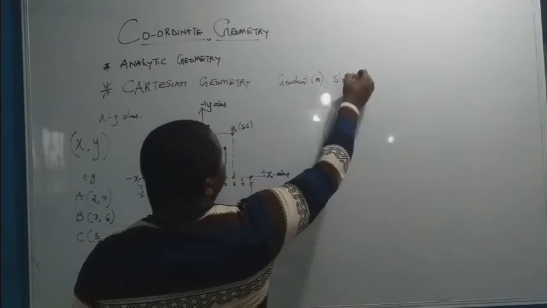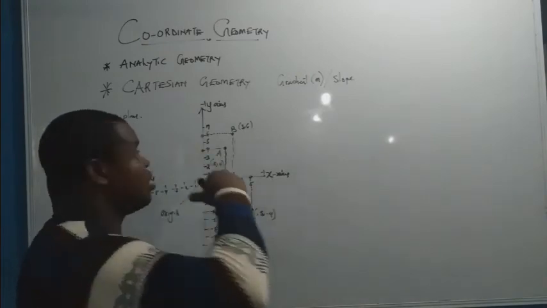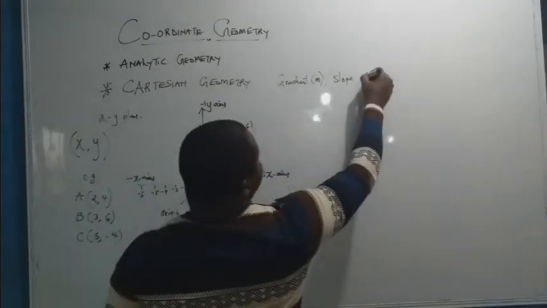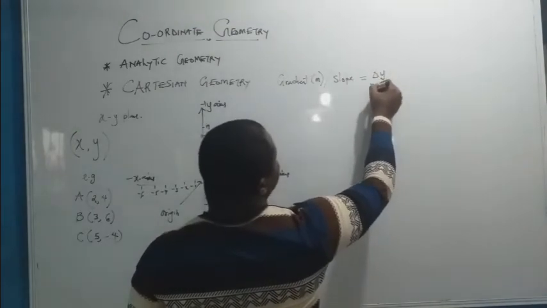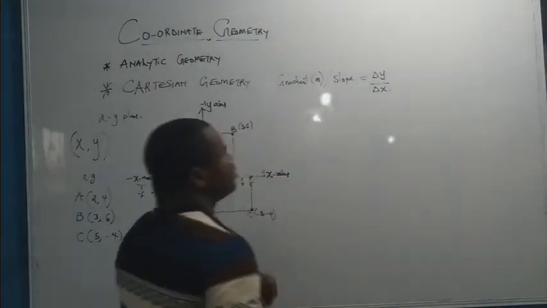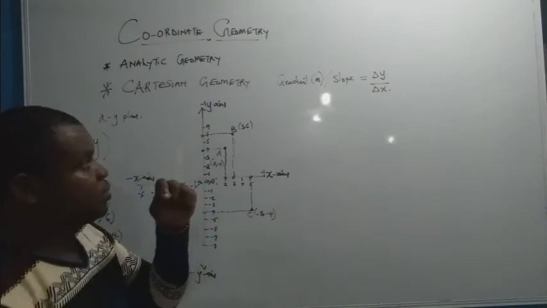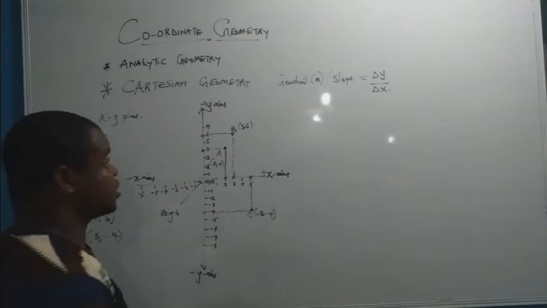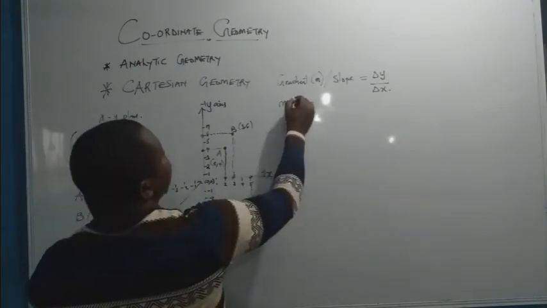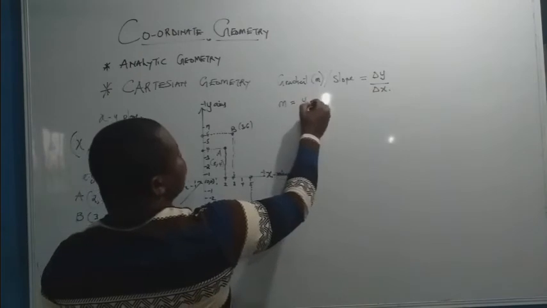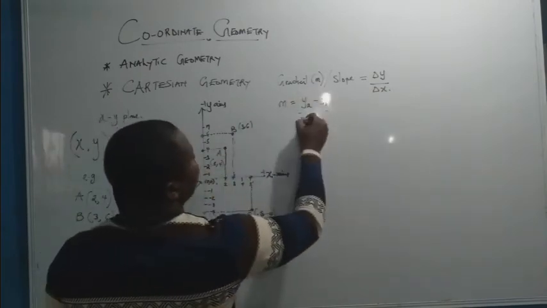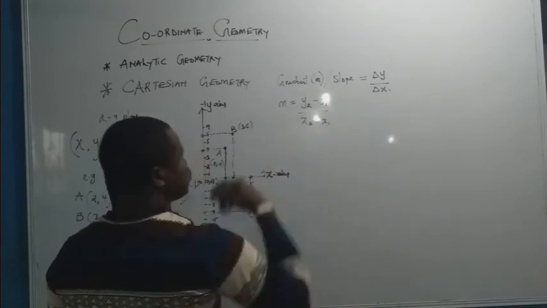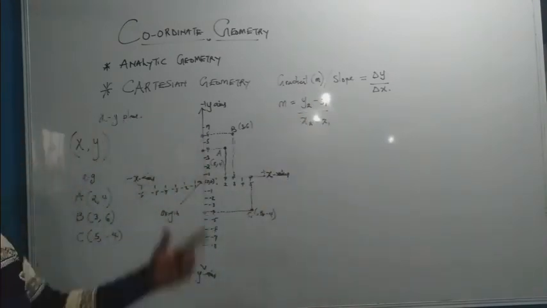It is represented with the letter m, which is equal to change in y over change in x. You can use delta y over delta x, representing change in y over change in x. So in other words, gradient m is equal to y2 minus y1 over x2 minus x1. That's the formula for your gradient.